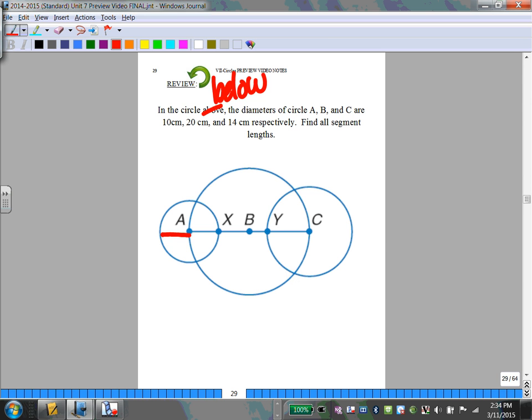B is going to be 20 centimeters, the diameter, let's color code these. And then C is going to be 14 centimeters. Your goal is to find all possible segment lengths. So let's get that filled out. This is 10 centimeters, this is 20 centimeters, and this is 14 centimeters.